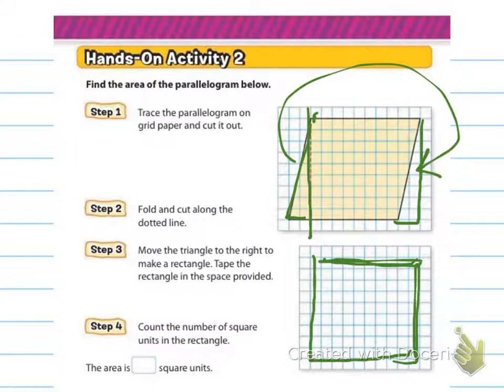So I would go through and figure out how long it is. 1, 2, 3, 4, 5, 6, 7, 8, 9, 10 this way, so 10 units this way. And then 1, 2, 3, 4, 5, 6, 7, 8, 9 units this way. And so if I find the area and add up all the units inside here, it would be 9 times 10, which is 90 square units.